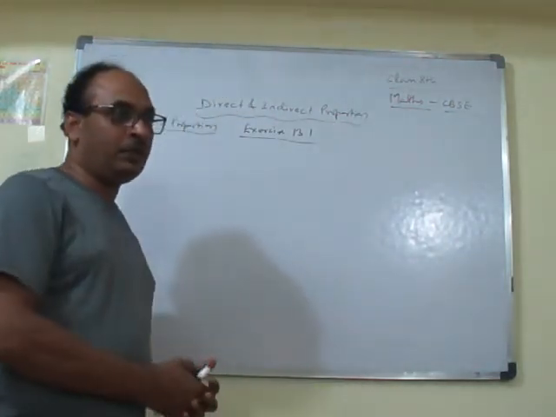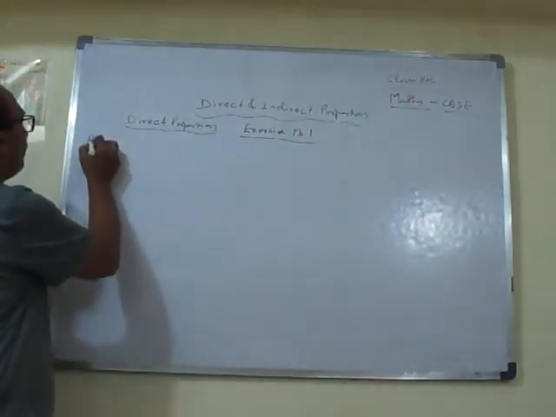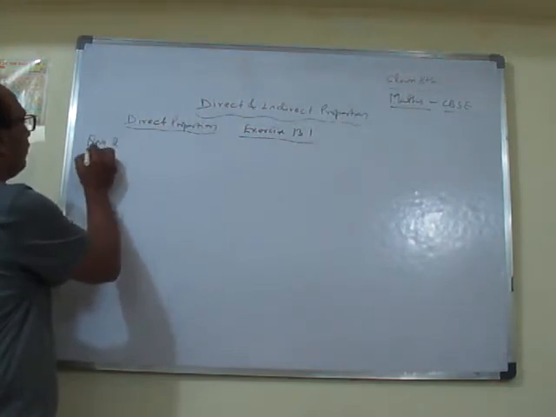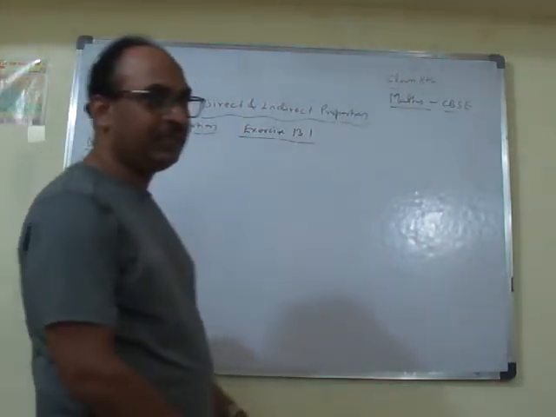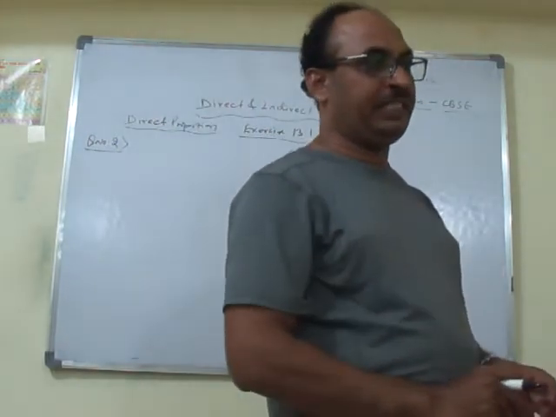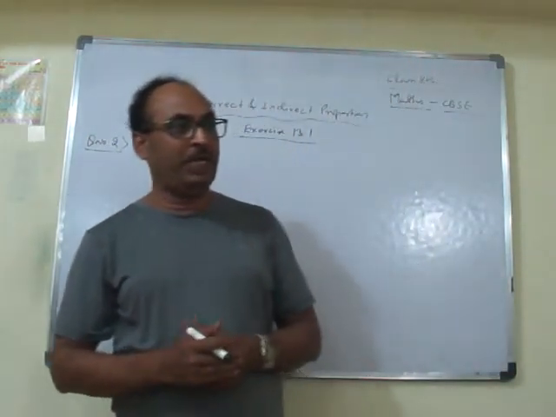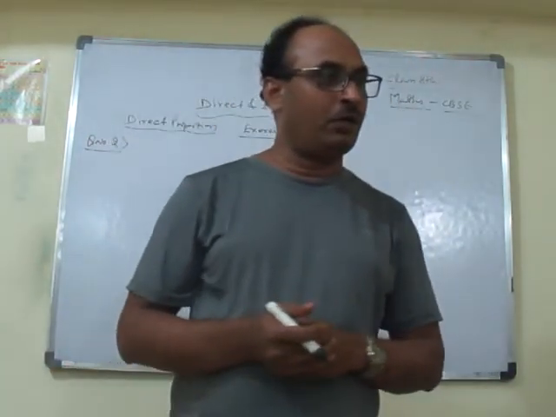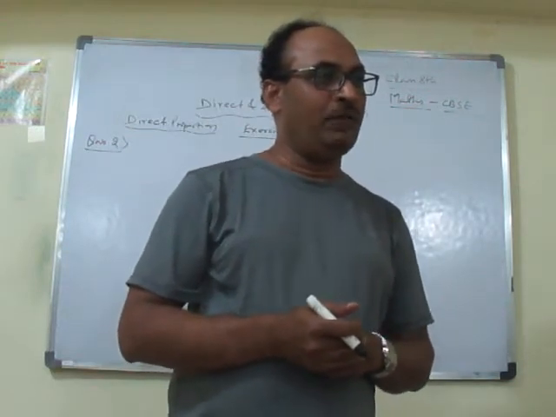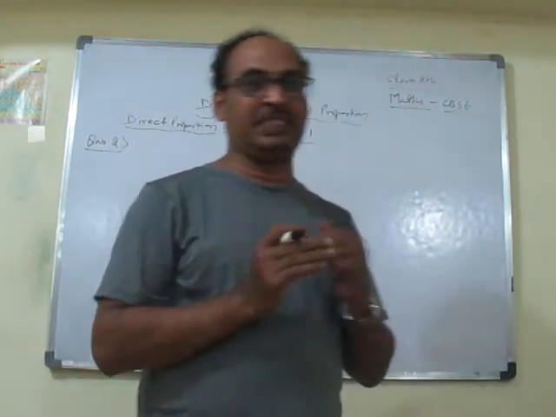Okay. Question number 2. What it says, gentlemen: a mixture of paint is prepared by mixing 1 part of red pigment with 8 parts of base.